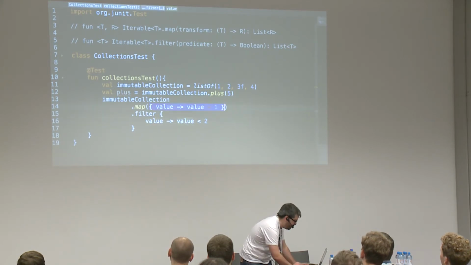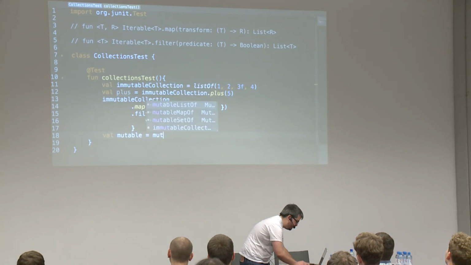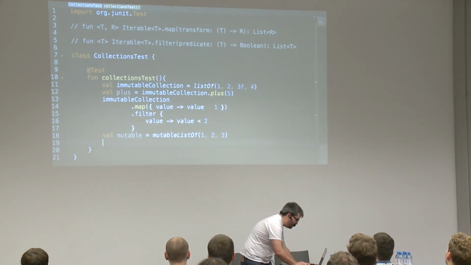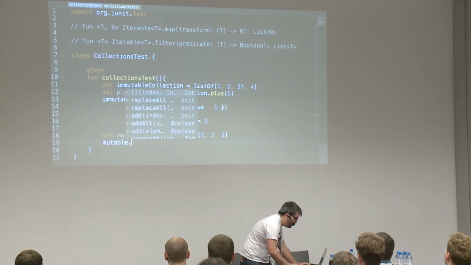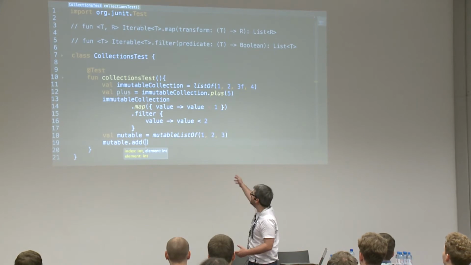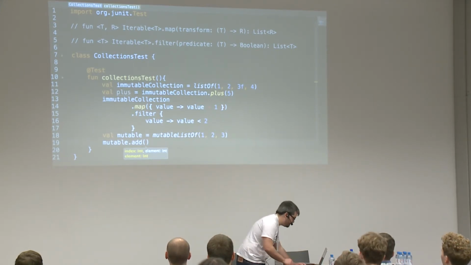So basically, you can pass functions as parameters, you can have your collections, and you can also have your mutable collections, which are created using simply the word mutable in front of it. And when you use a mutable list, you can just say add, and the add happens in place. It doesn't create a new list. It just works the same way you would expect from an existing array list.